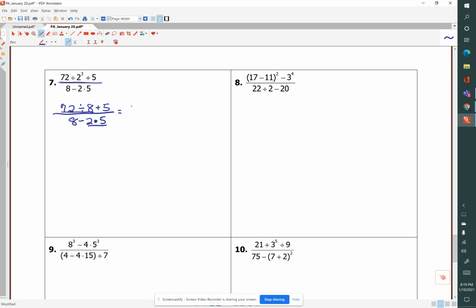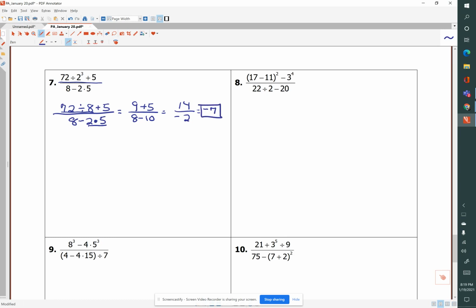So 72 divided by 8 is 9, and then we have that plus 5. And now we have 8 minus 2 times 5, which is 10. 9 plus 5 is 14. 8 minus 10 is negative 2, and 14 divided by -2 is -7.